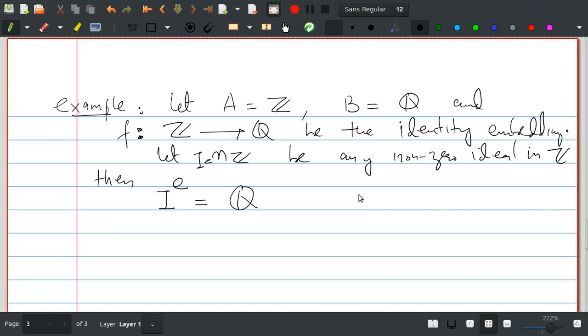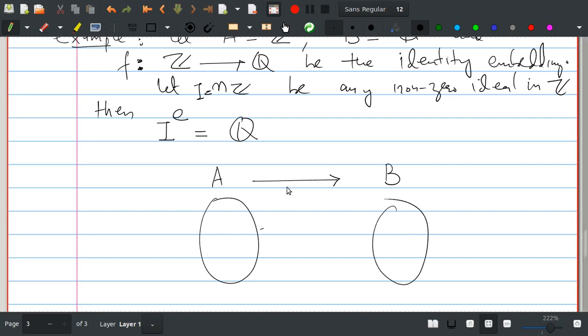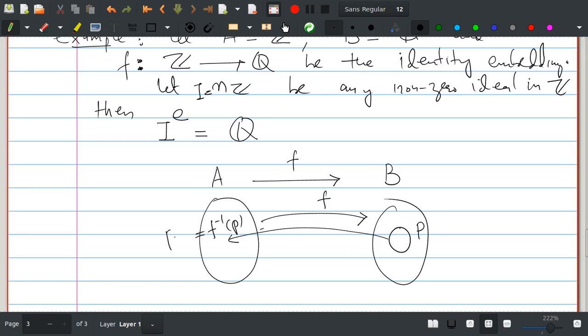The reason is, if we have ring A here and ring B here, there is a homomorphism f between these two rings. Suppose we have a prime ideal here, say P, then its inverse image, which is the contraction of P, is always a prime ideal. The contraction preserves the primeness of an ideal.